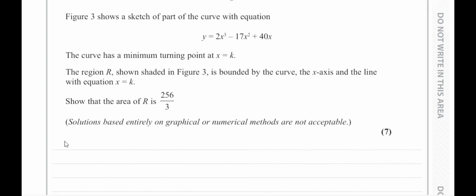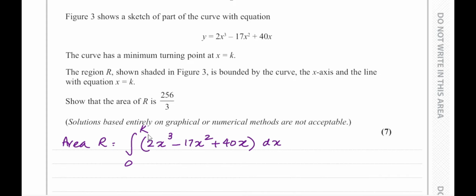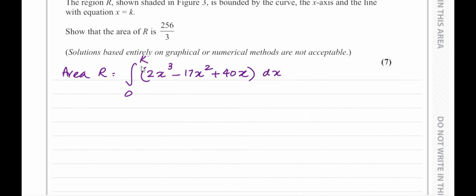So we can say area R equals integral between 0 and k of 2x cubed minus 17x squared plus 40x dx. But we need to figure out what is this k. There is a clue here though, that is, it's a turning point.